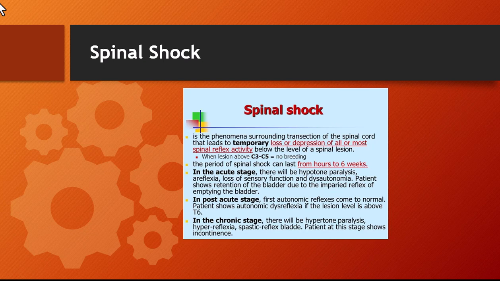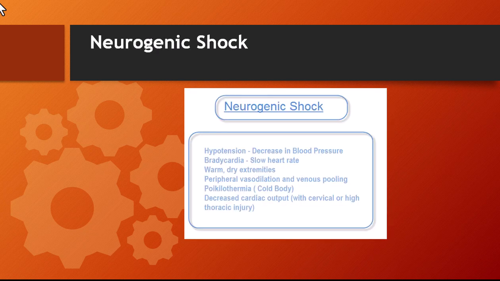In your male patients, they may also present with priapism. And again, this is all coming about because we have massive vasodilation of the blood vessels distal to the level of the injury.